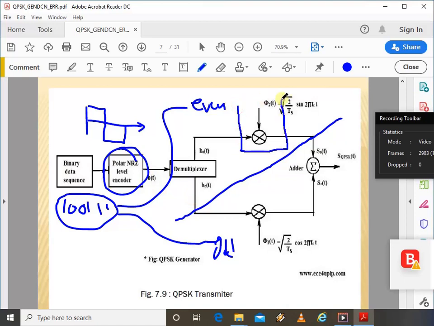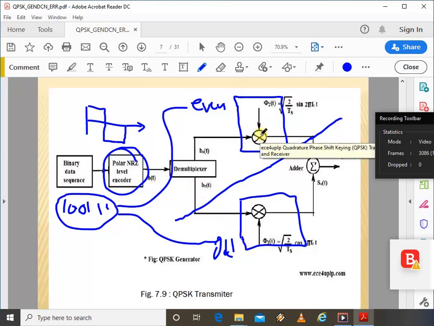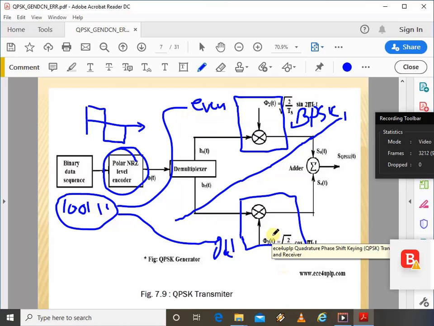In the upper stream, there is a product modulator, and in the lower arm also there is one more product modulator. The output of each product modulator will be a BPSK signal. The upper product modulator will phase modulate the even bit sequence, and the lower product modulator will phase modulate the odd bit sequence.